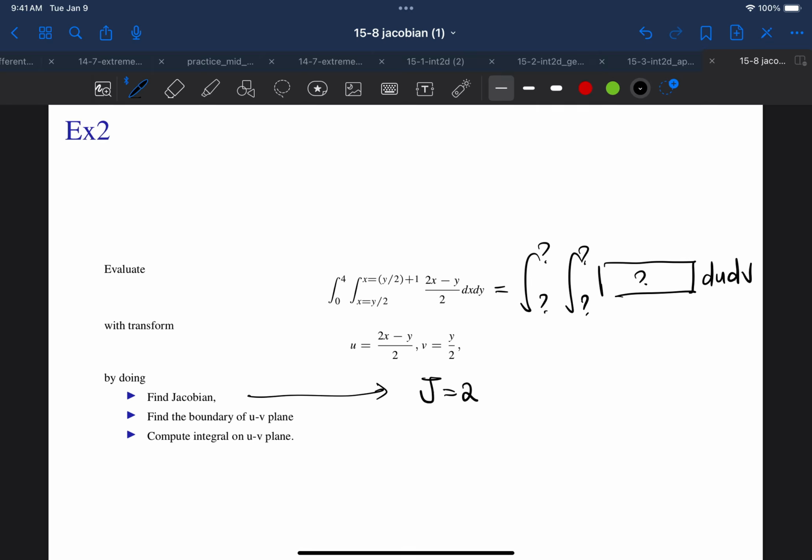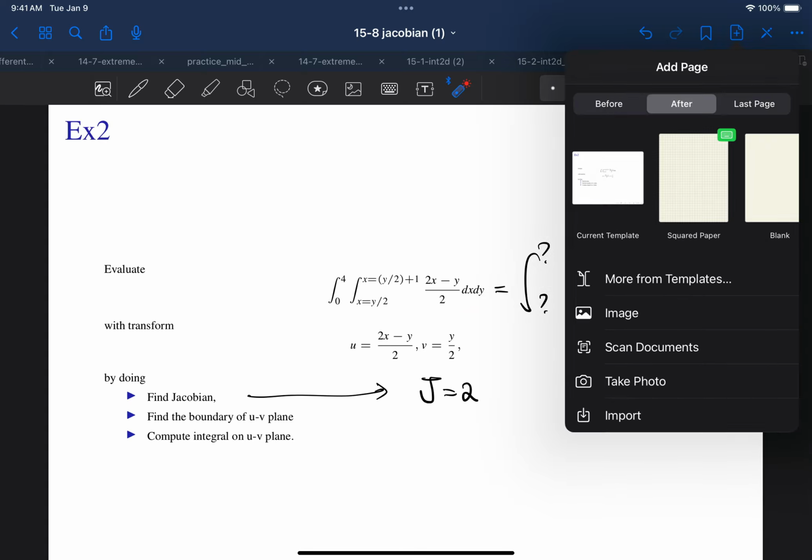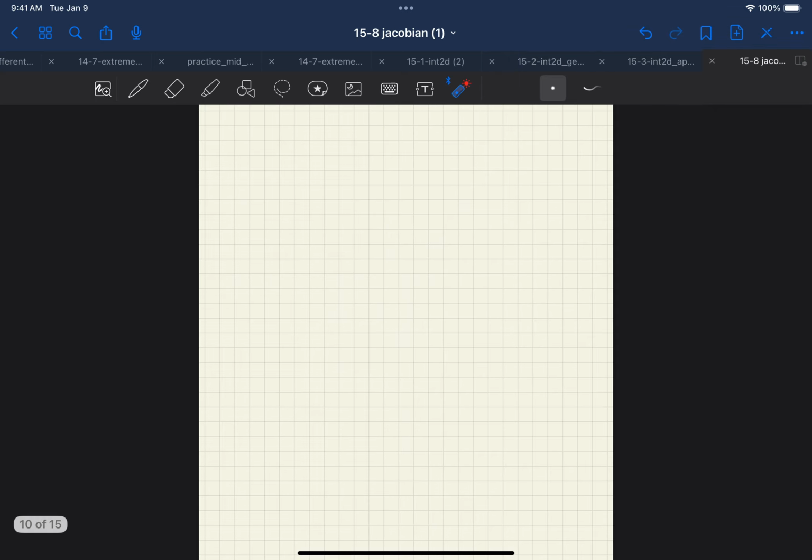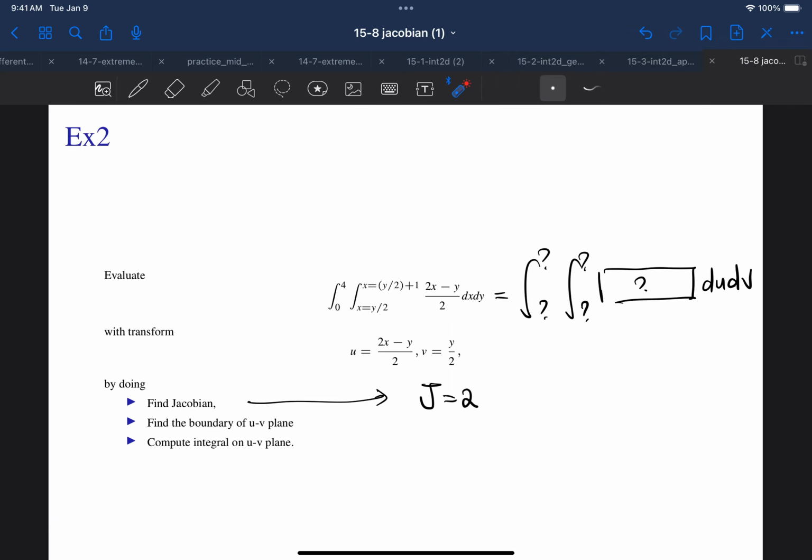So for these 4 limits, this defines what region of the uv plane you are going to take the double integral over. So we first look at the original problem. What shape of the xy plane are we taking the integral over?